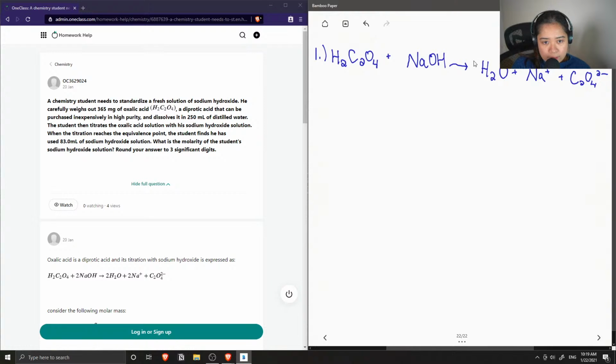So I'm just going to put a 2 in front of H2O. So now there's 4 hydrogens, and also there are 6 oxygens on our product side. So if I put a 2 in front of NaOH, that balances out both my hydrogens and my oxygens. But now I just need to put a 2 in front of the sodium ion. So now we have a balanced chemical equation.